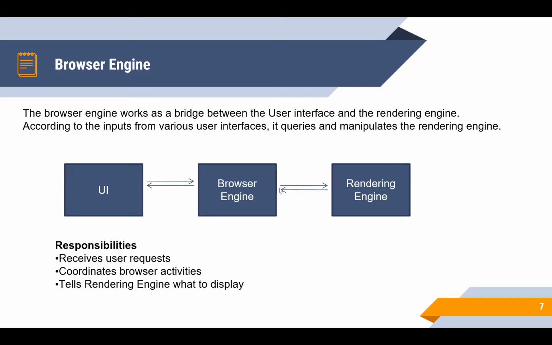So the browser engine is between the UI and the rendering engine. Whenever you hit a button, whenever you click on a text box, anything you do on the web browser, the browser engine will immediately tell the rendering engine. Based on that, the rendering engine will quickly take action and change the color.